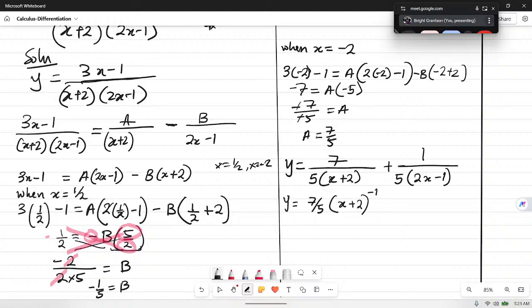Very good. Plus 1/5 times 2x minus 1, exponent -1. So now you do the dy/dx.